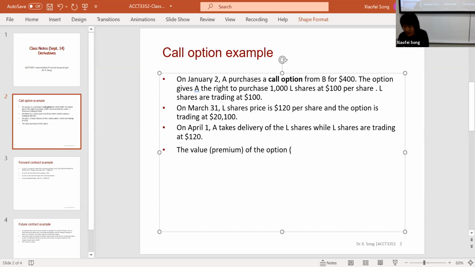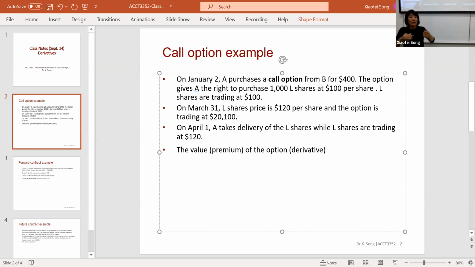This option is a derivative, not only a derivative, but one type of derivative. So where does this $400 come from? The value of the option is $400.